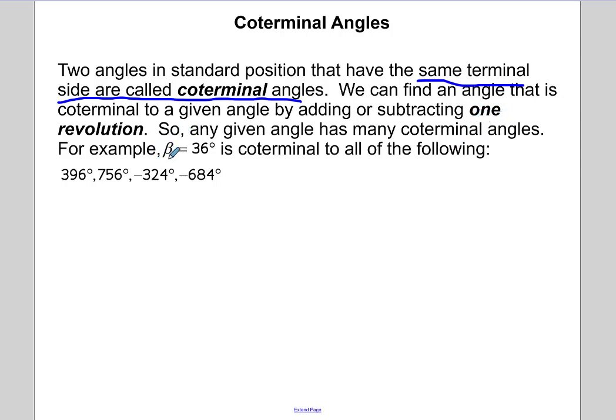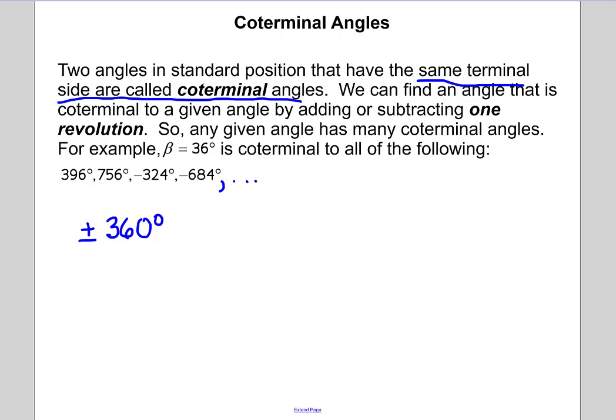Let's say we had an angle beta that was 36 degrees. It would be coterminal to all of the following: 396, 756, negative 324, or negative 684, and then that list would just continue on infinitely, simply by adding 360 degrees or subtracting 360 degrees from our initial angle.